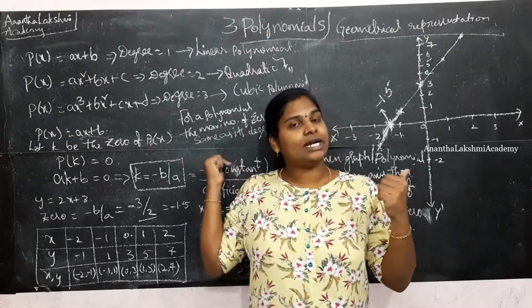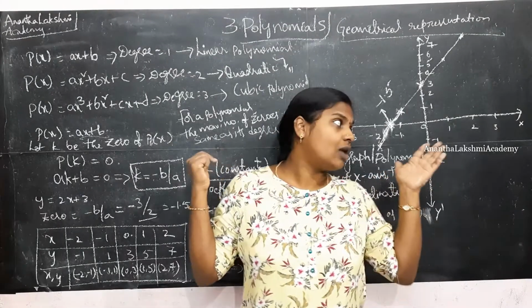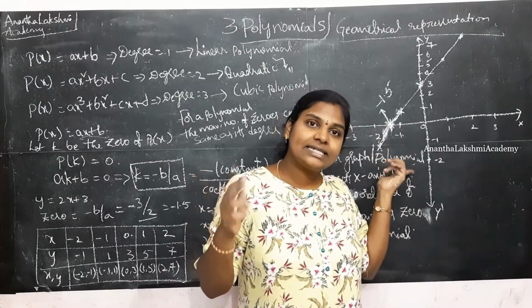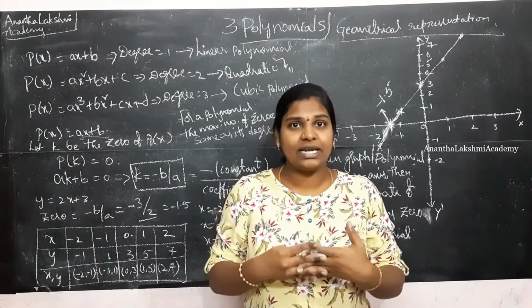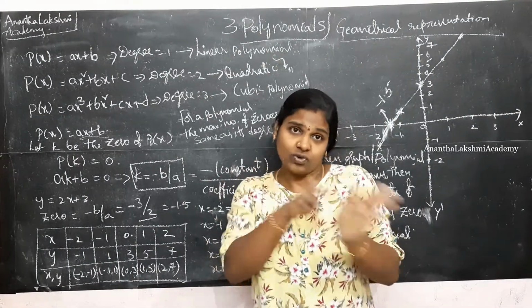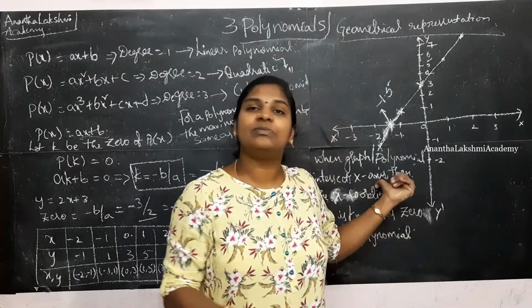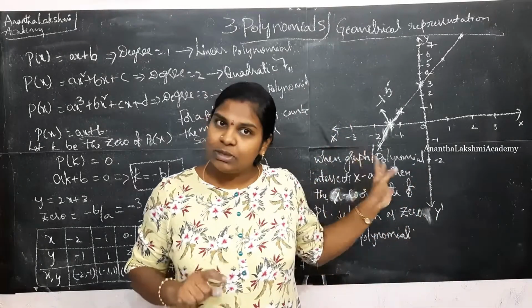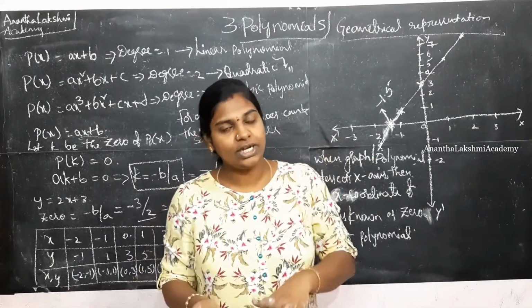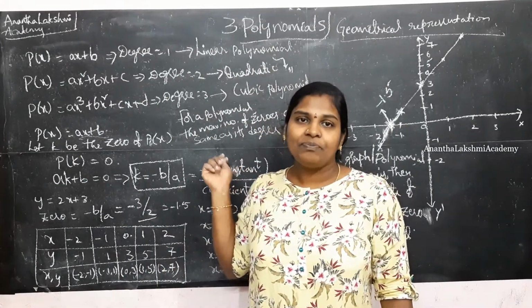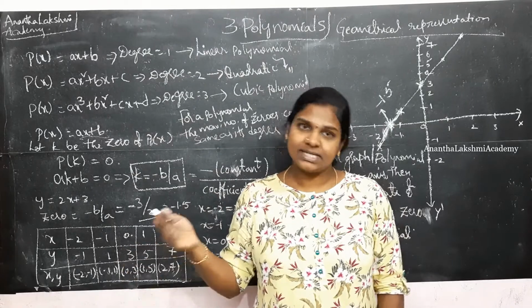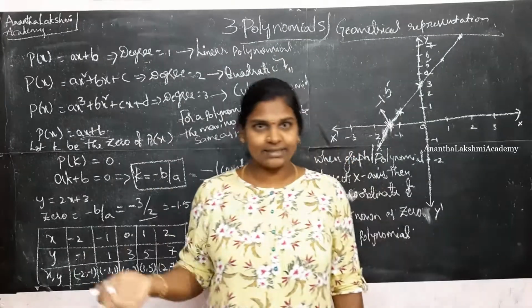If you want a detailed note on how the graphs are drawn, it is very clearly explained just before the exercise part. The same is explained for quadratic and cubic polynomials as well. Please go through it before we jump into the exercise. I have explained the linear graph, and we will be solving the quadratic and cubic polynomials in the exercise.